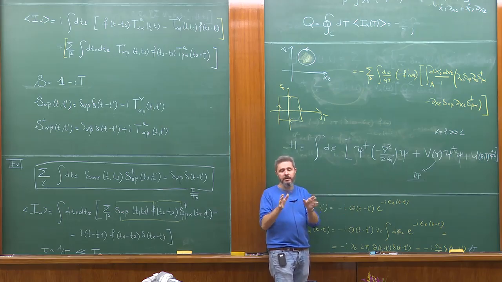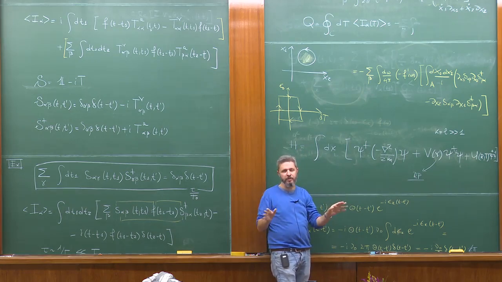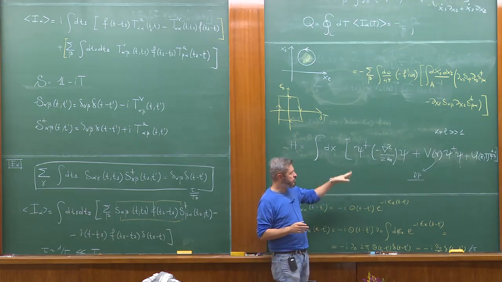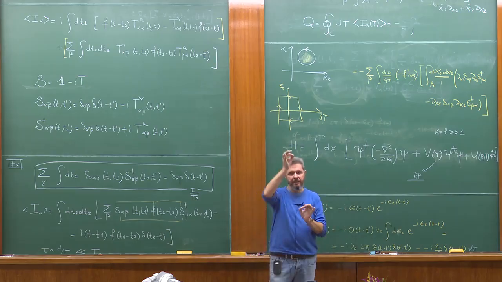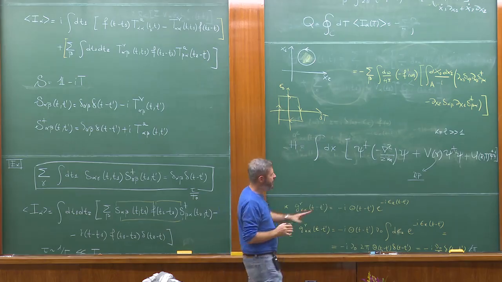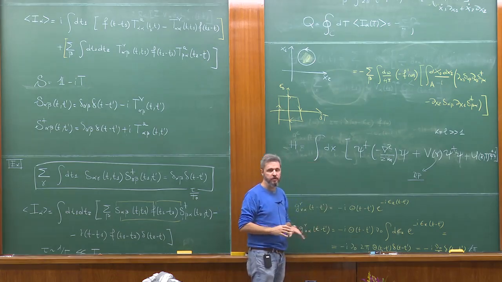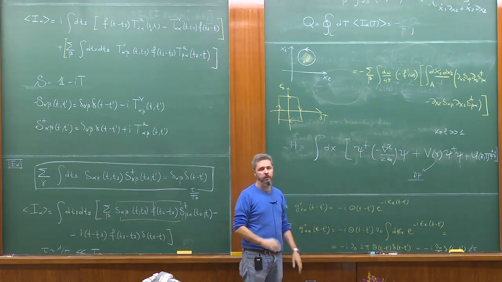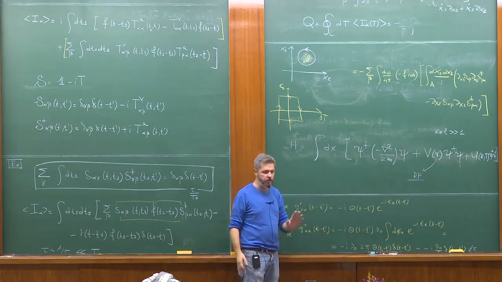For an experimentalist, a quasi-particle is a peak in a response function. So we will assume that your spectral density is highly peaked around a certain dispersion, and then we will derive the Boltzmann equation. From the kinetic equation, we will go to the Boltzmann equation. That's what we will do.